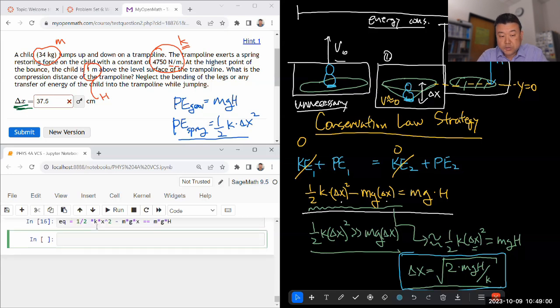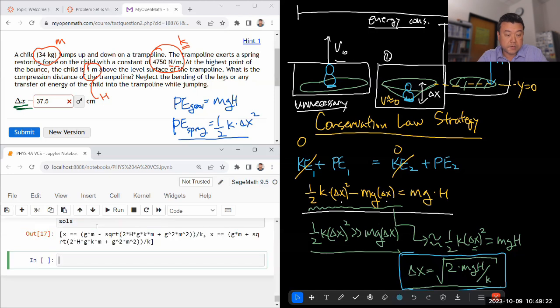And I use the solve function. You can refer to internal documentation with help solve if you need it. I don't need it. I use this many times. I'm going to solve equation, and I'm solving for x. Let me store this into a variable so that I can look at how many solutions I got and make sure I know what I'm going to work with. So solves.